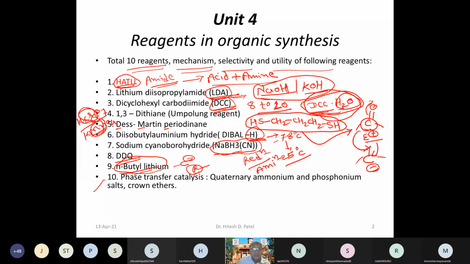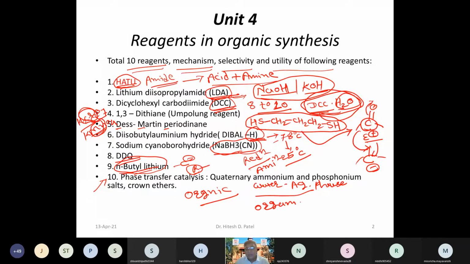And the last one is known as phase transfer catalyst. Normally, when we are carrying out a reaction, we carry out the reaction in organic phase. But sometimes some reagents are highly soluble in water, that is known as aqueous phase, and most of the organic compounds are soluble in organic phase.